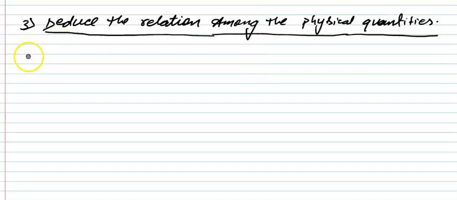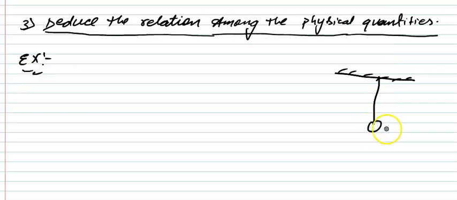So by an example we are going to understand this one. Let us consider this is a pendulum having mass m. This is the length of the pendulum.